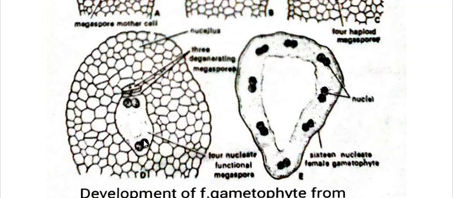Then the nuclei present towards the poles divide again and again, and 16 nuclei are produced, arranged on the periphery, on the outer side of the central vacuole. This is the 16 nuclear stage female gametophyte.